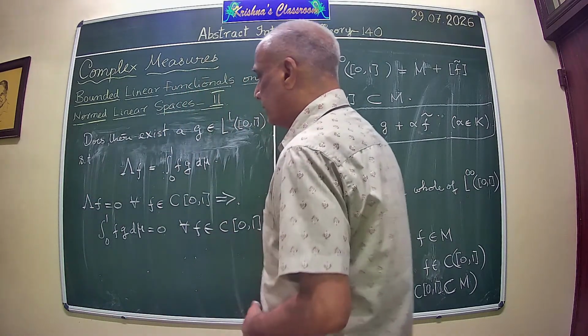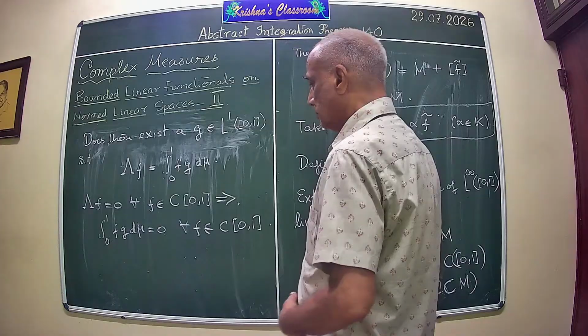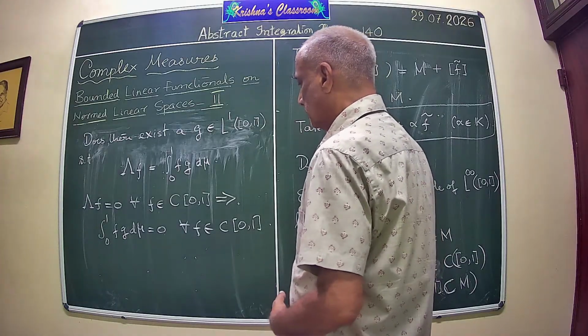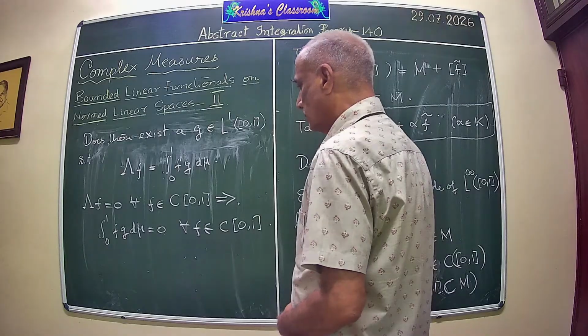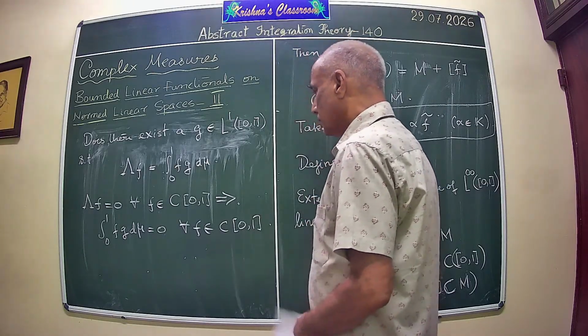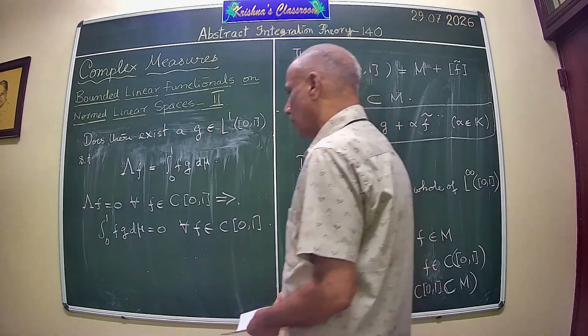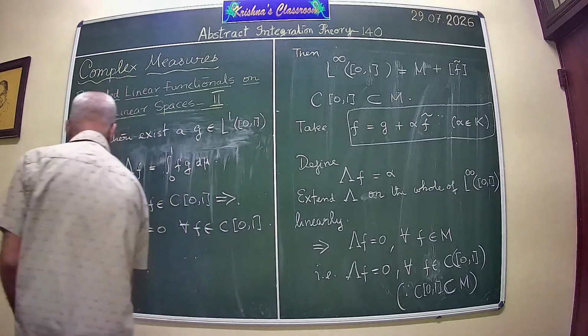What does this mean? So if F belongs to C[0,1], this implies lambda F is zero.